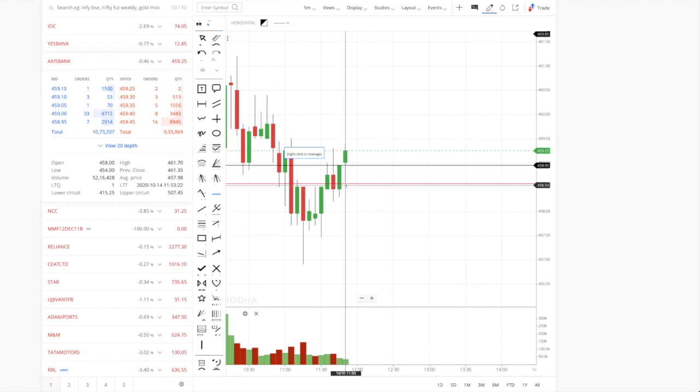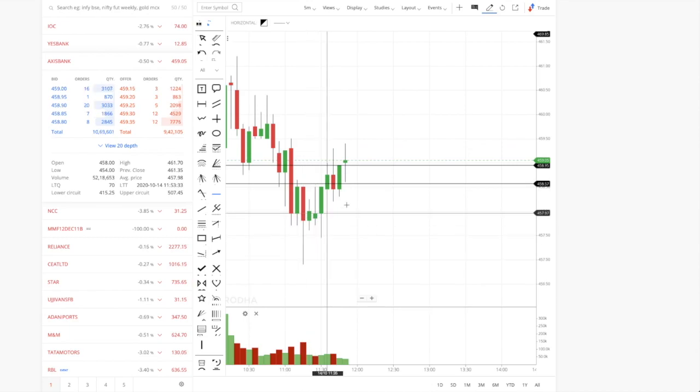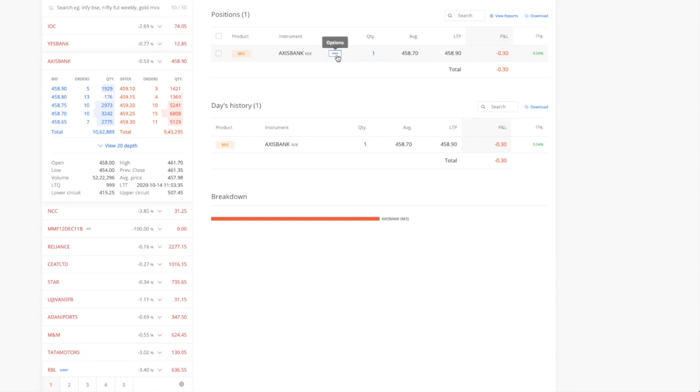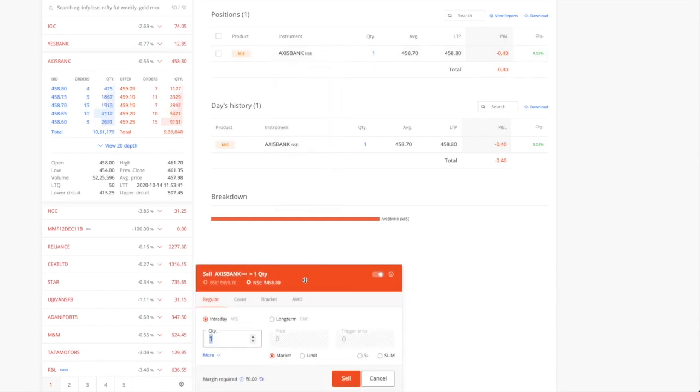This is my perspective. If the price falls below this point, then I understand my view goes wrong. So what should I be doing? At 458.5, I should be keeping my stop loss. I'm clicking on exit here.